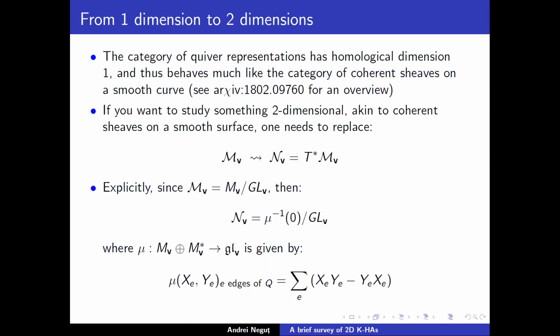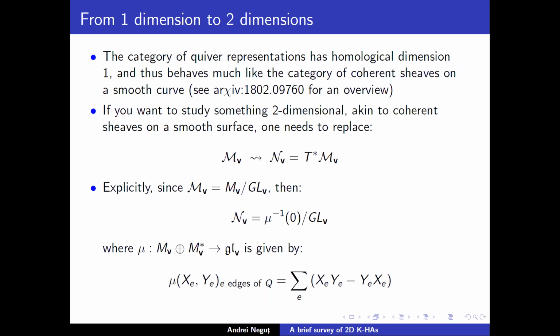So what that means is pairs of XE, YE, these are called a double quiver representation because we have linear maps going in the direction of the quiver and linear maps going backwards, which satisfy the equation mu is equal to 0, which is by definition the sum of commutators in a certain sense.